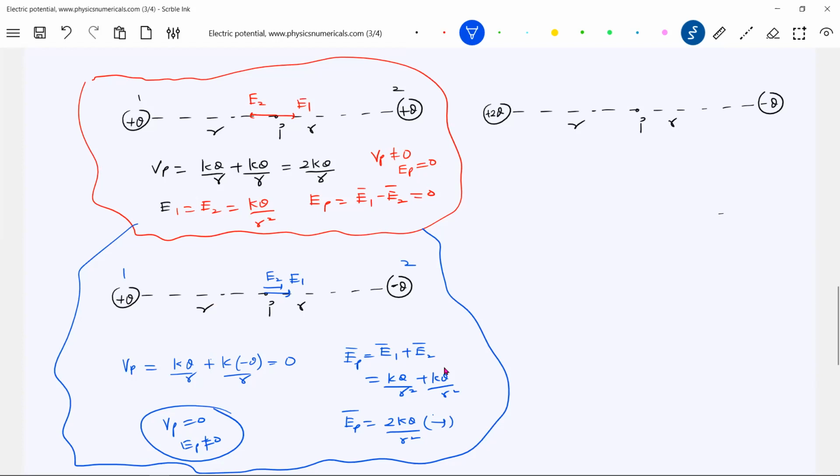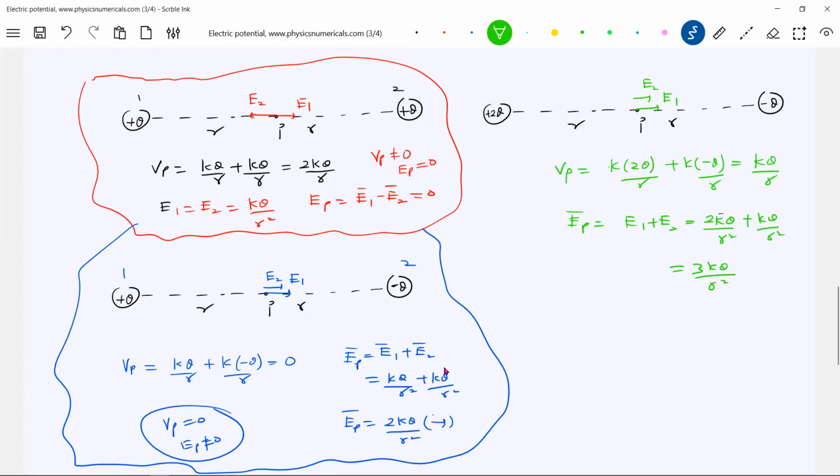Similarly, third situation, the potential at point P will be non-zero. Potential at point P will be K 2Q by R plus K minus Q by R, that is KQ by R. Field strength at point P, E1, E2, I'll add up: 2KQ by R square plus KQ by R square, that is 3KQ by R square.